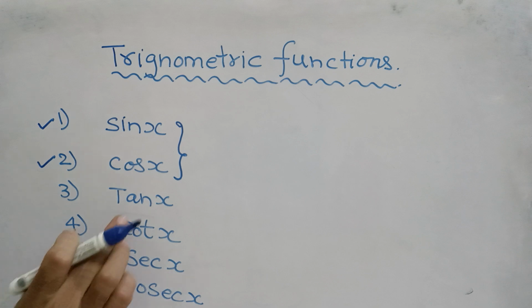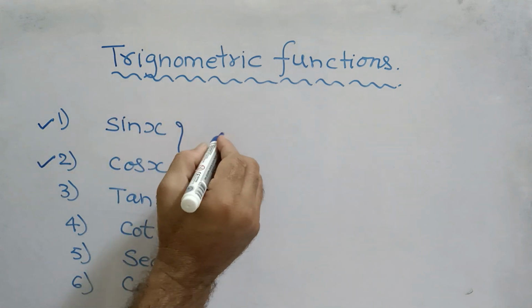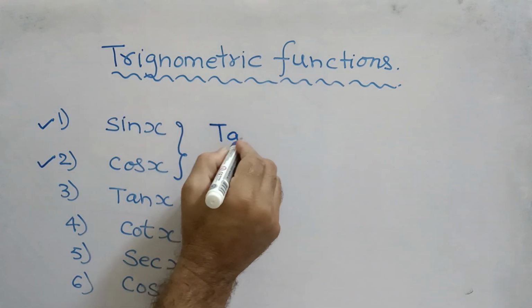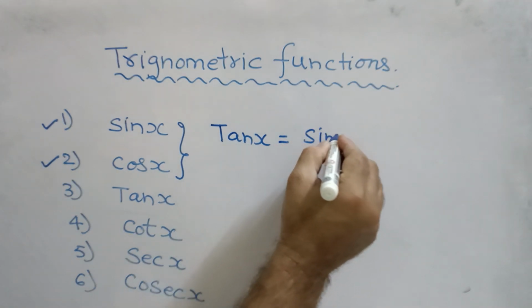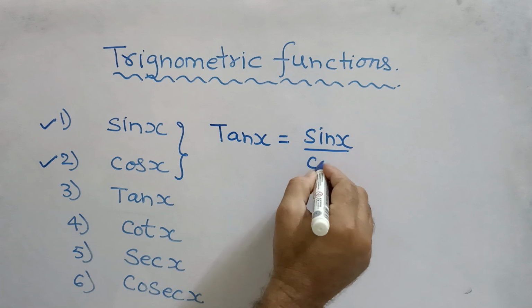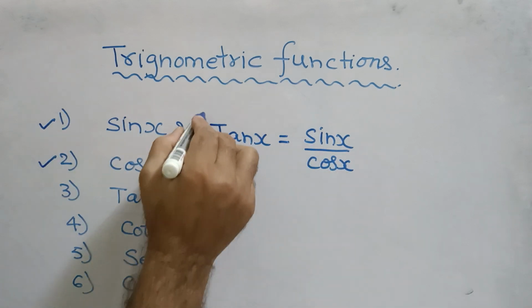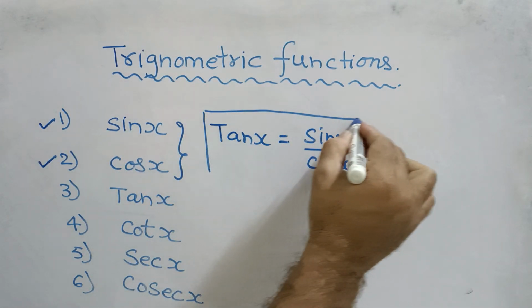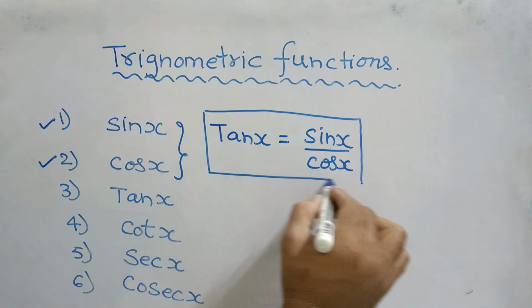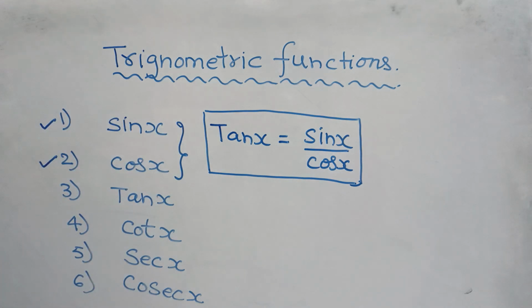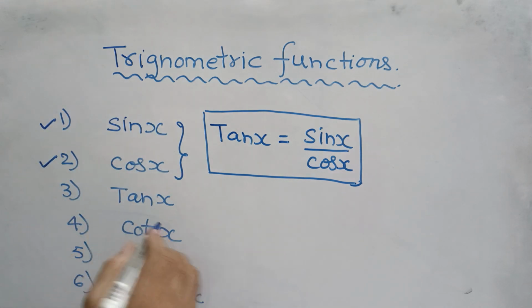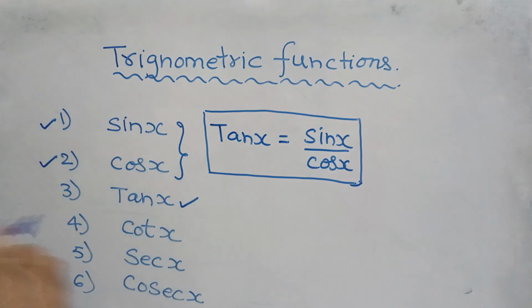What is tan x? Tan x is equal to sin x by cos x. Very important forms these are. If you know the values of sin and cos, taking sin x by cos x gives the value of tan x. What is the fourth one?